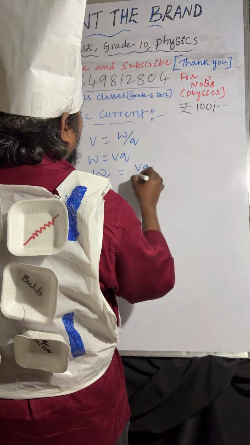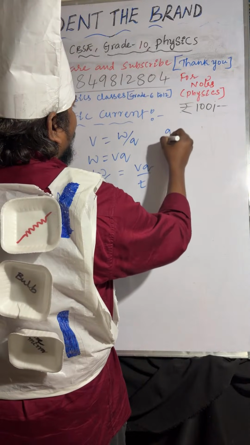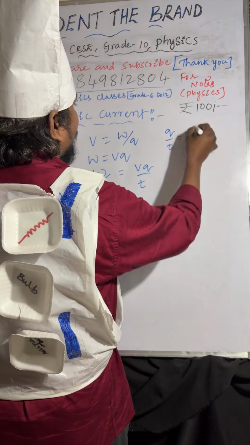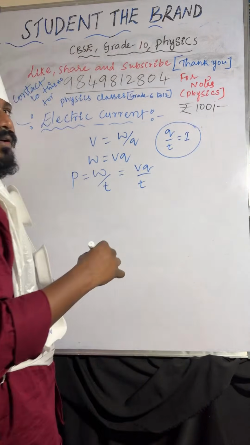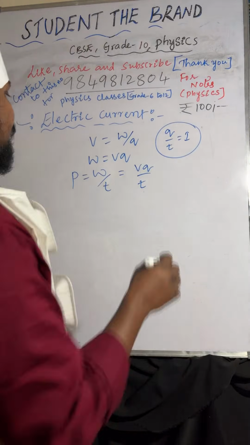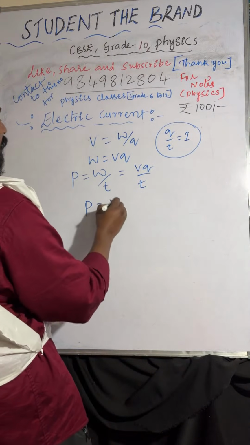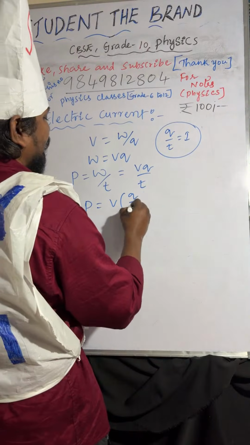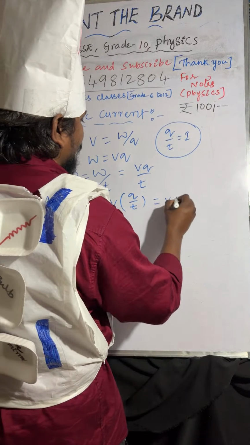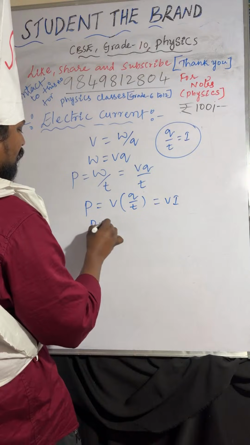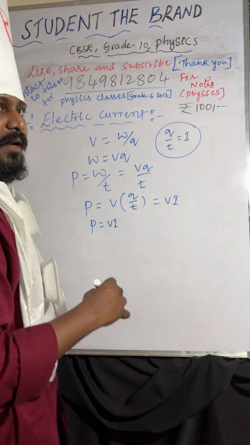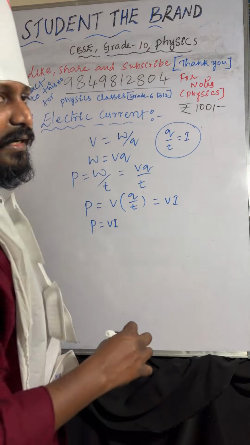So VQ by T. We know Q by T is current. Yes or no? Q by T is current. So that's why P equal to V into Q by T, that is current, that is nothing but VI. So P equal to VI. I hope it is very clear.